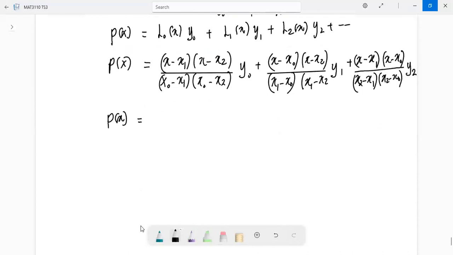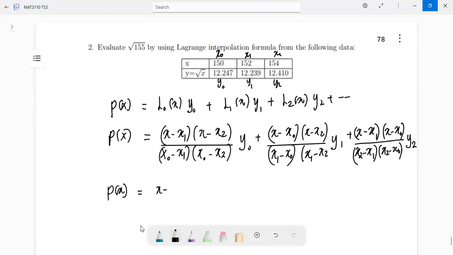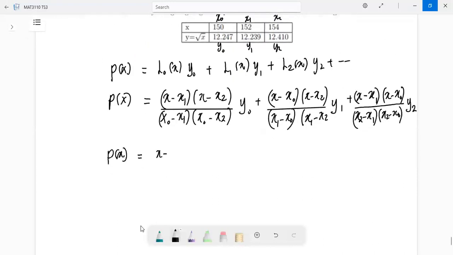So we have x minus x1, which is simply 152, x minus x2, that is 154, and then divide by our x naught, 150. So 150 minus 152, which is x1, and again 150 minus 154, which is x2.